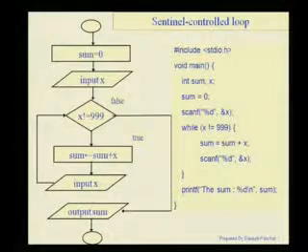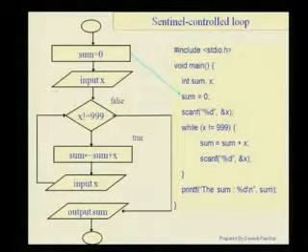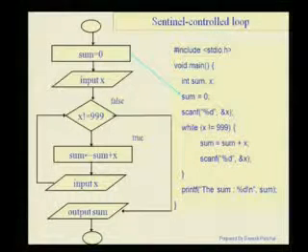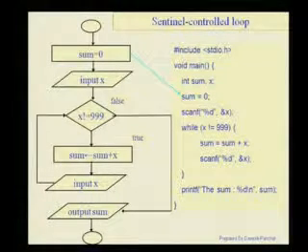In the loop body we have performed the addition, where sum equals sum plus x, and then we take the next input. We can see the same thing in the program, both the flow graph as well as the program, in this slide.